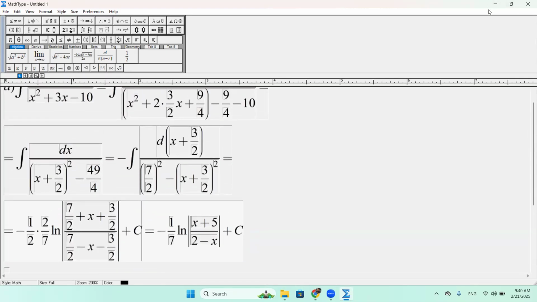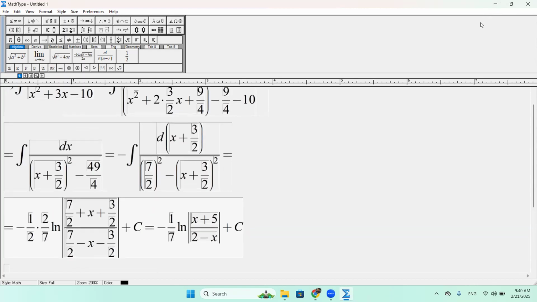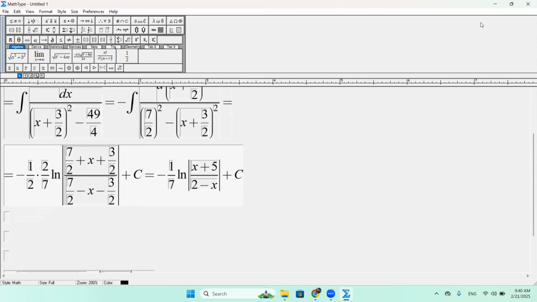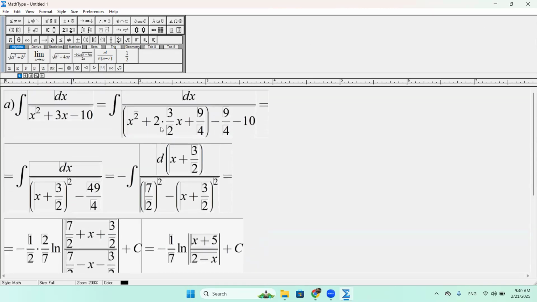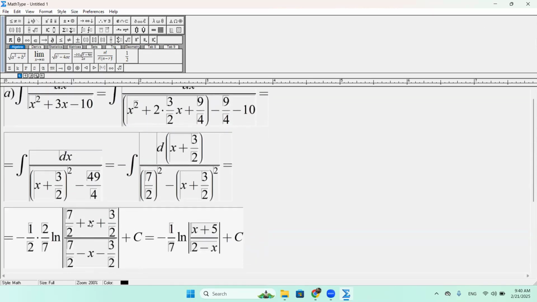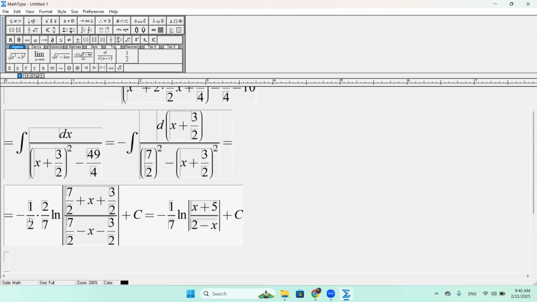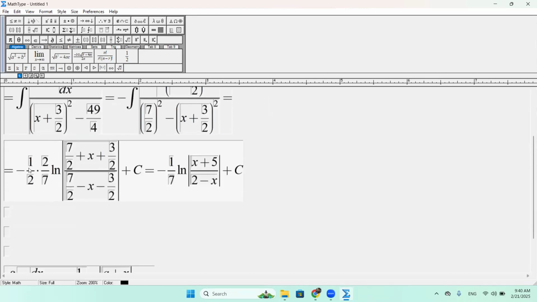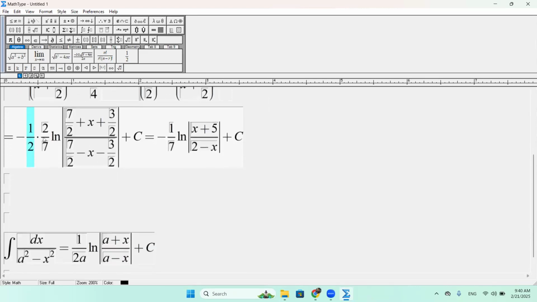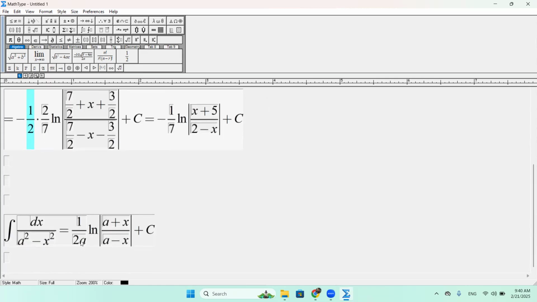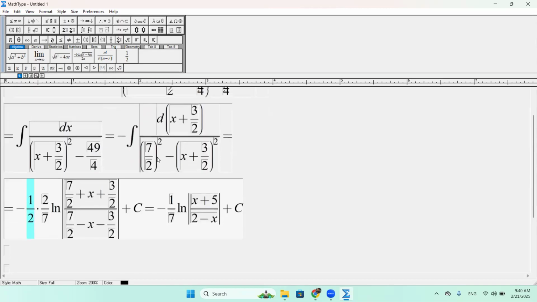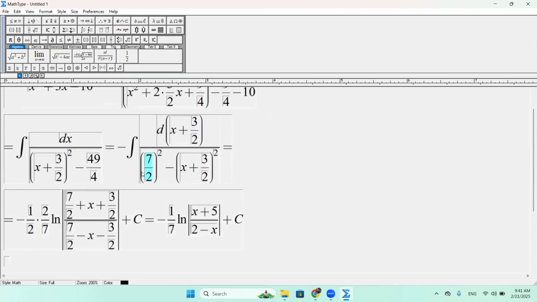More questions? And how do we get the third row after the last integral of the second row? So this, yes? Yes. So this is 1 second, and we divide also by a. A equals 7 over 2.